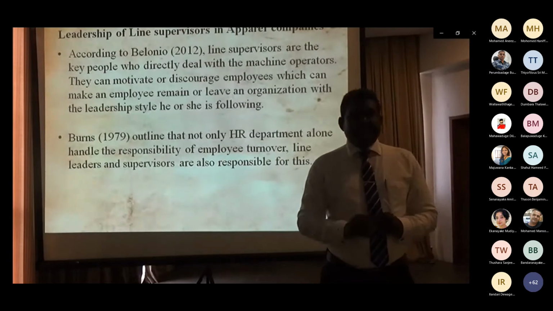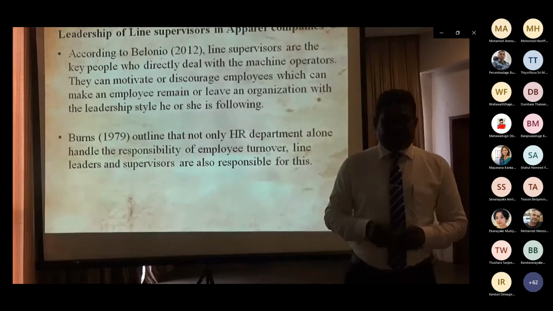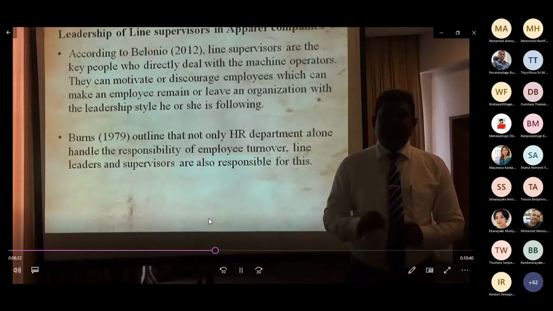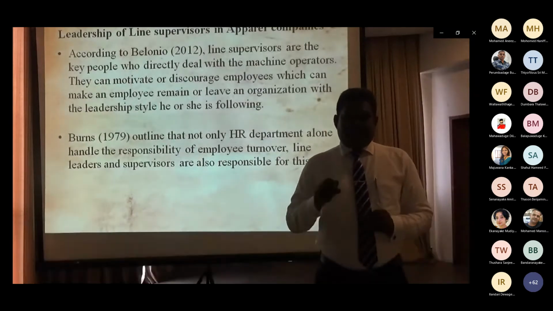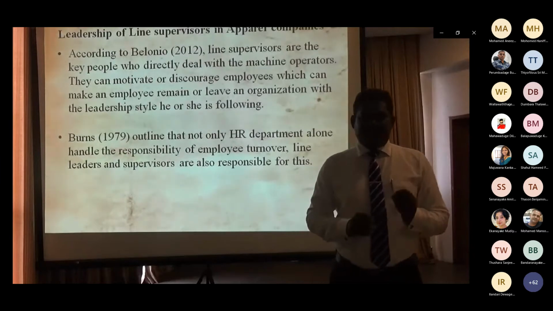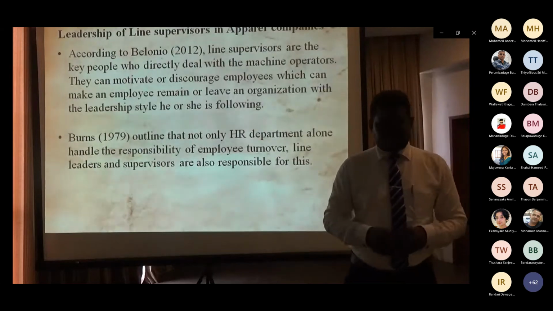Leadership of line supervisors in apparel companies. According to Belonio 2012, line supervisors are the key people who directly deal with the machine operators. They can motivate or discourage employees, which can make an employee remain in or leave an organization, depending on the leadership style he or she follows.